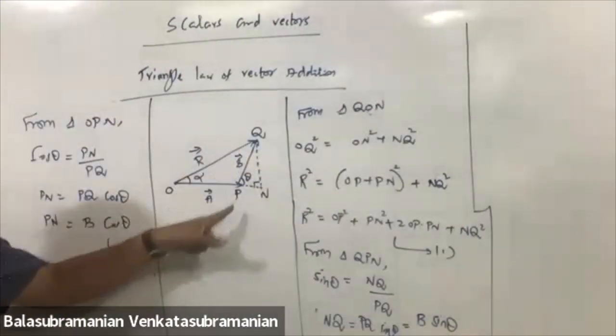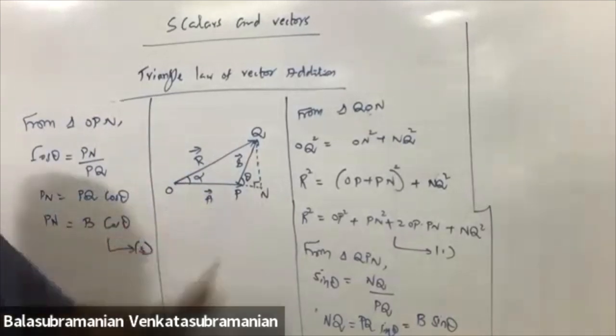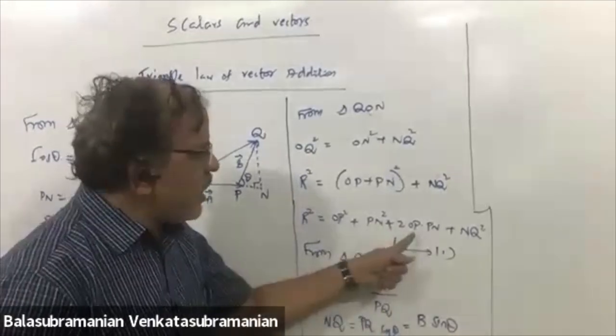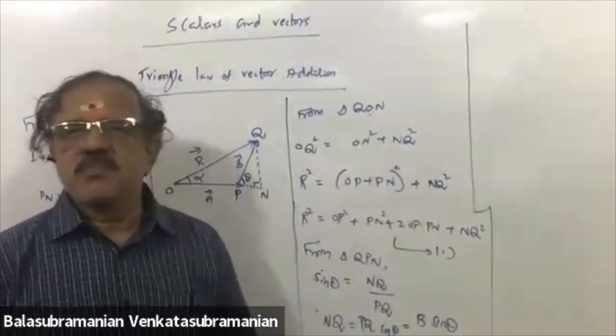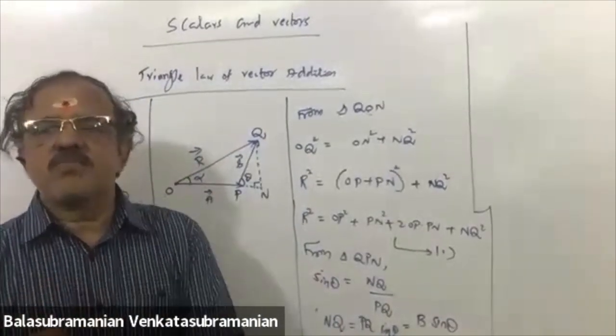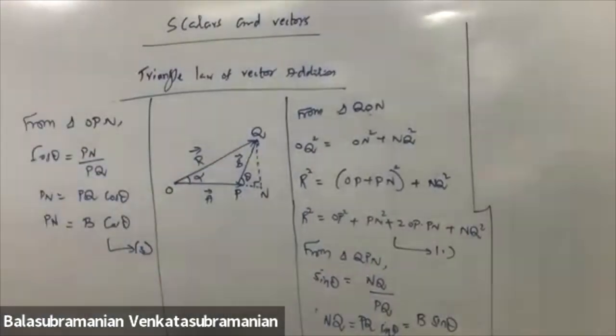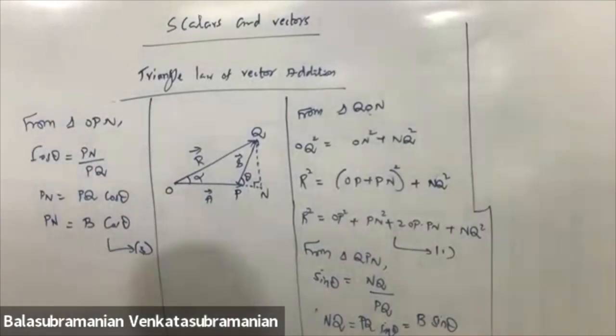So now you have calculated NQ and PN. Substitute this NQ and PN in equation 1. You can find the resultant. Correct? So how to calculate?